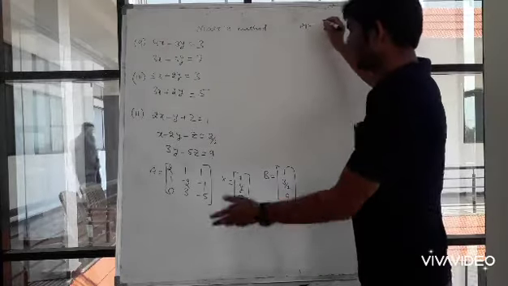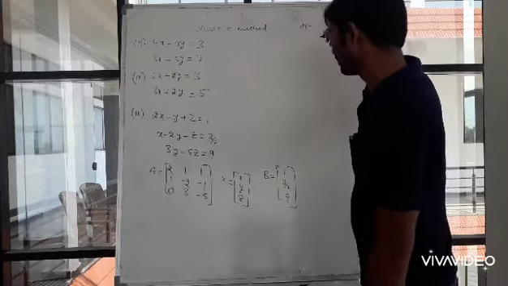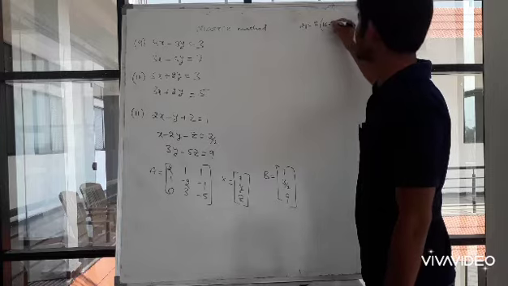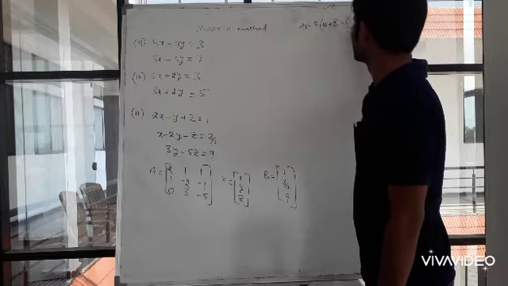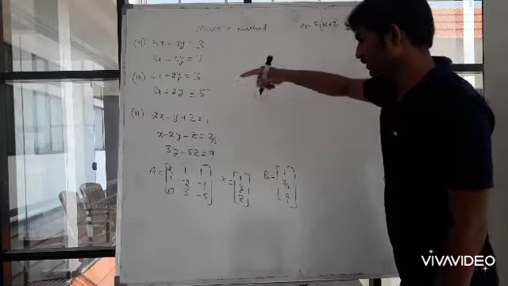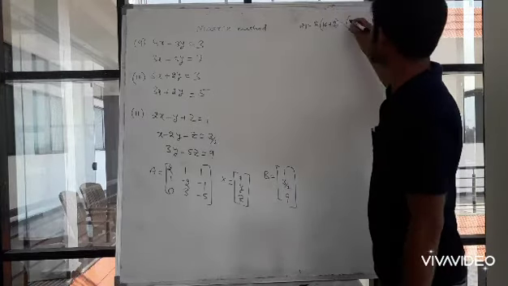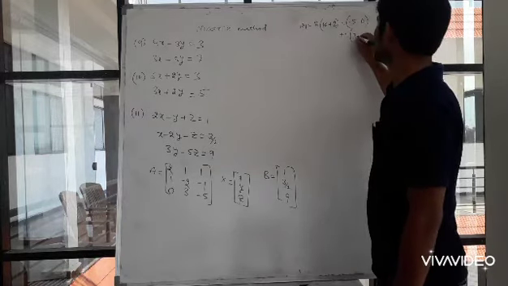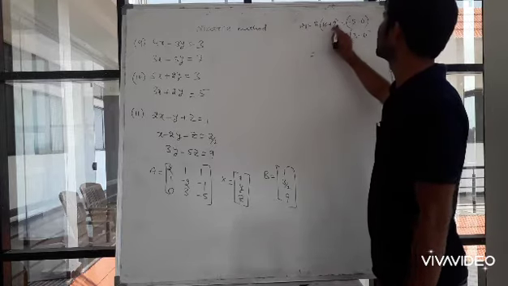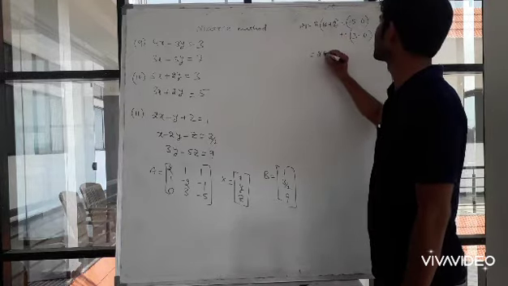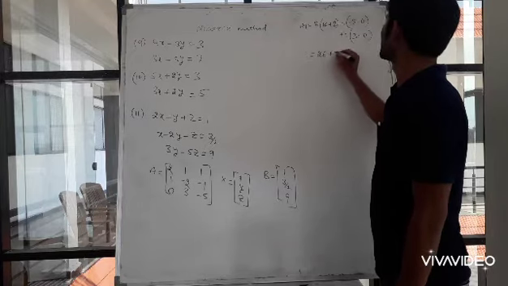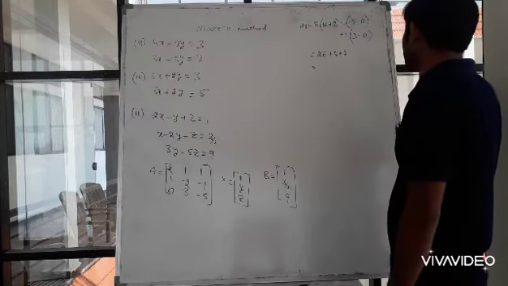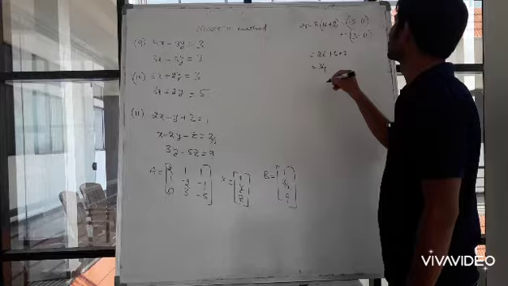As usual procedure, expand through the first row: 2 into 10 minus minus plus 3, minus 1 into bracket, eliminate the first row and second column, minus 5 minus 0, plus 1 into bracket 3 minus 0, which is equal to 10 plus 3, 13. 13 2s are 26, minus minus plus 5 plus 3 is equal to 5 plus 3, 8. 8 plus 26, 34.